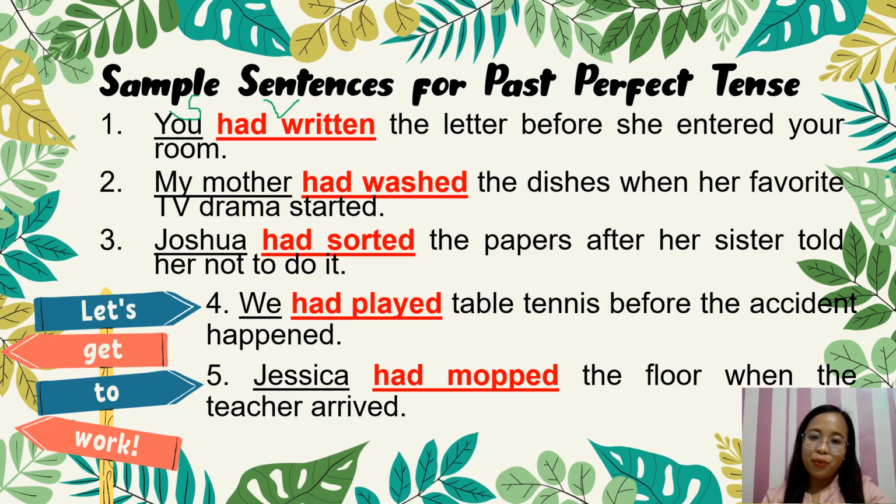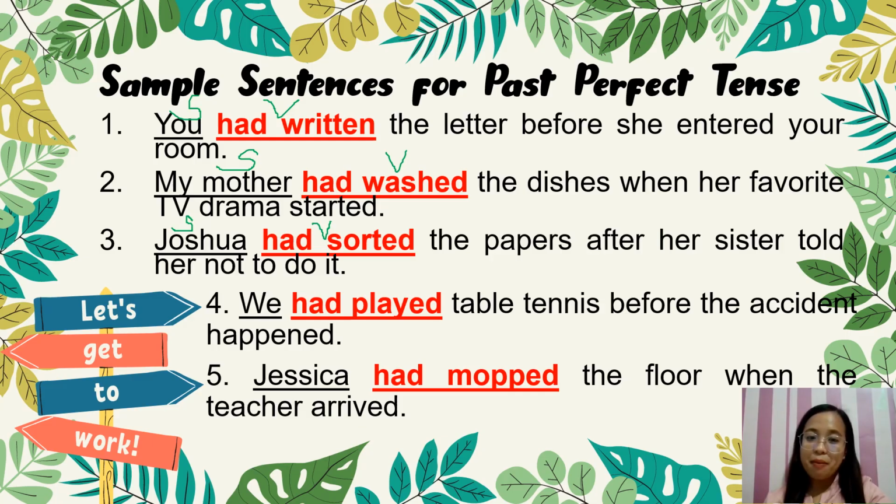My mother had washed the dishes when her favorite TV drama started. Subject, my mother. How about the verb? Had washed. Number 3. Joshua had sorted the papers after his sister told her not to do it. What's the subject? Okay, Joshua. How about the verb? Had sorted.